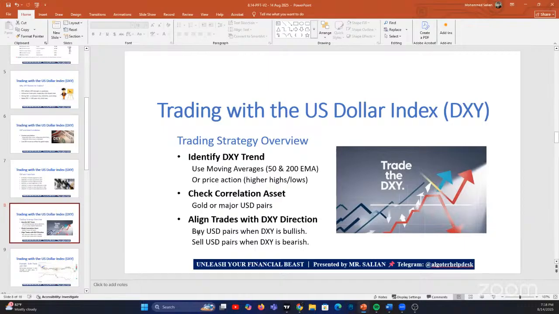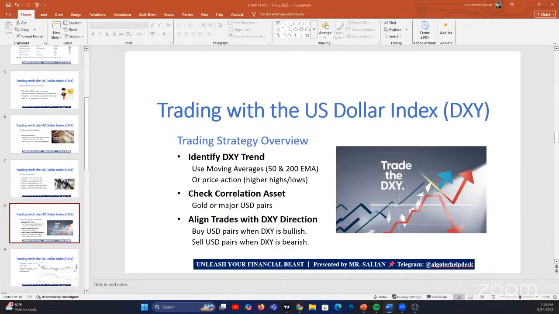So buy USD pairs when DXY is bullish and sell USD pairs when DXY is bearish. Now, you may say, why? You just told us it's the opposite. So when I say buy USD pairs when DXY is bullish, it just means that the US dollar is strengthening compared to other currencies.